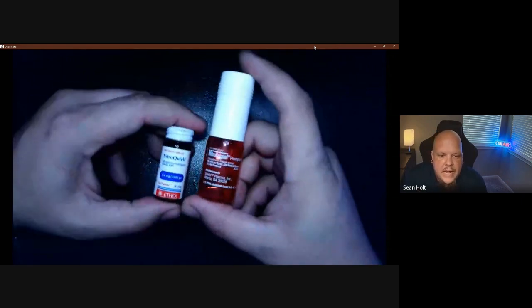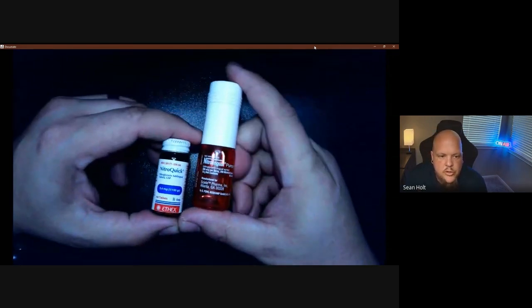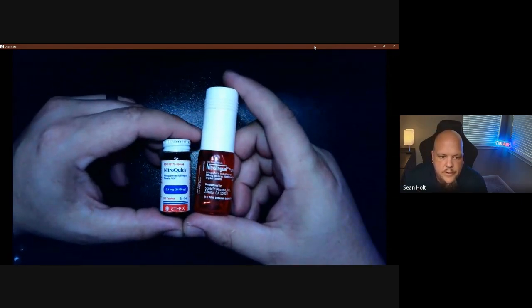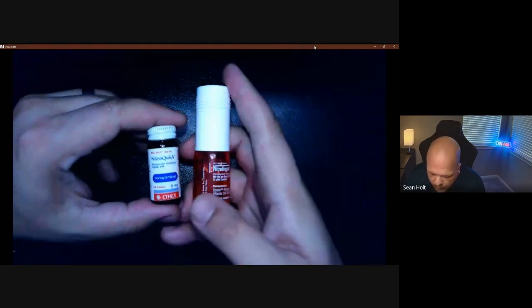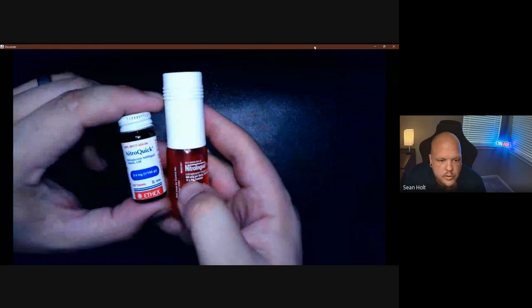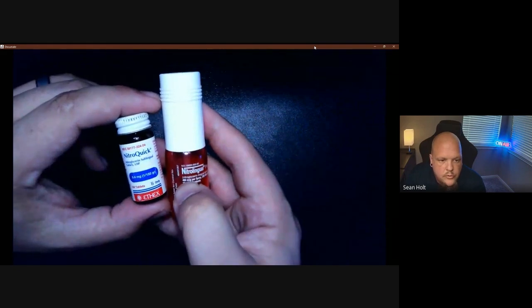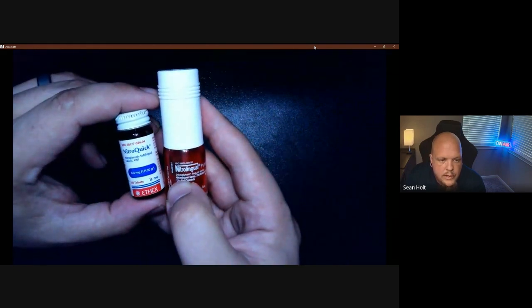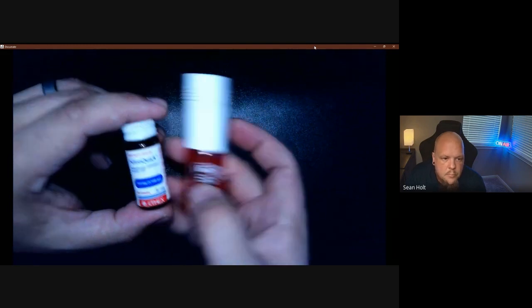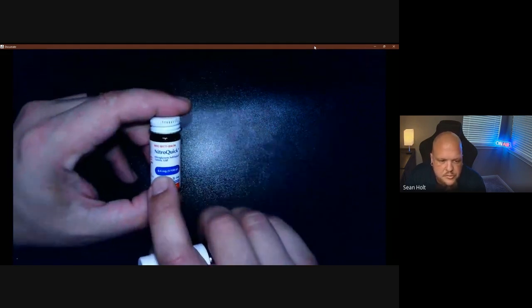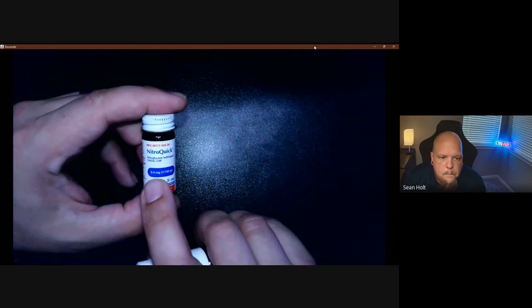All right. Now, after we've talked about oxygen and aspirin, we're going to talk about nitroglycerin. All right. So what you can see, if you look really closely, I'm going to try to show it. It says 400 micrograms per spray on the spray bottle right here. Okay. But on these tablets, it just says 0.4 milligrams.